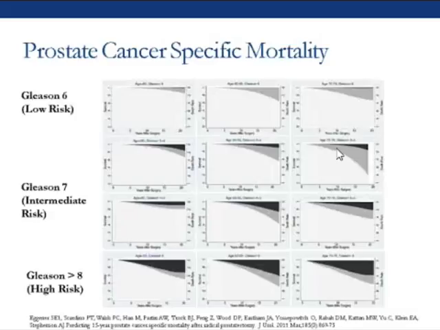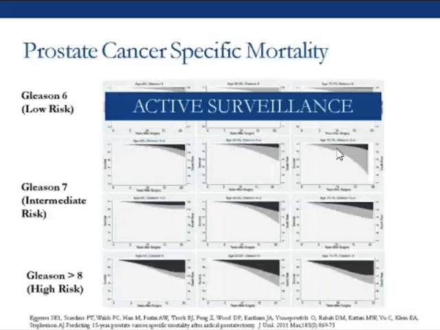So this is why the whole idea of active surveillance started, in the sense that we're treating patients too much. So we're treating patients with low-risk cancer, who are the majority of patients who present, and we're causing them the morbidity of surgery and radiation therapy, which includes incontinence and impotence.